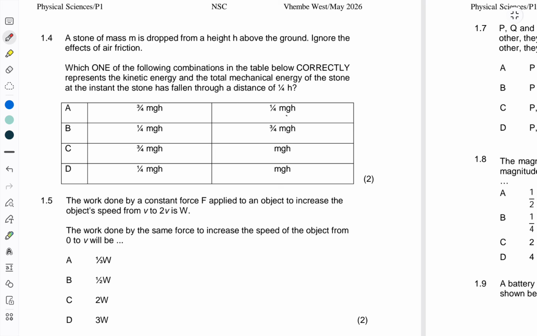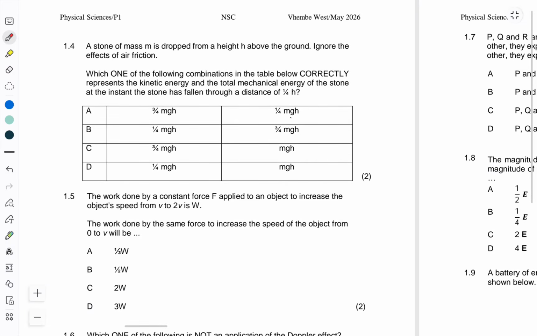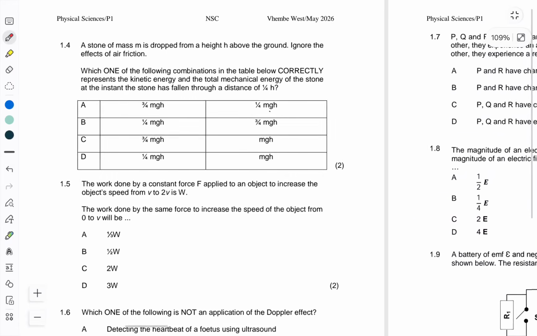So if we ignore the effects of air friction, it means we can use the law of conservation of energy, for instance, right? Because we are ignoring the effects of air friction, this is an isolated system. So now, which one of the following combinations in the table below correctly represents the kinetic energy and the total mechanical energy of the stone at the instant the stone has fallen through a distance of one fourth, or a quarter, of the height. Okay, let's see.